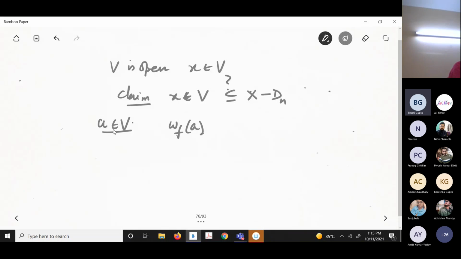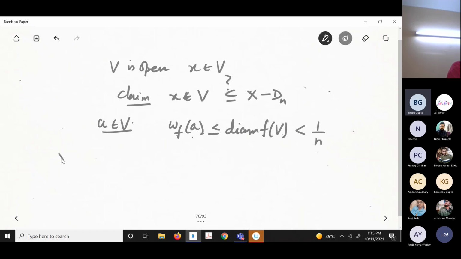V is also a neighborhood of a. So by the definition of omega F(a), the oscillation of F at a will be less than or equal to the diameter of F(V). V is not only a neighborhood of x, V is a neighborhood of a also. But the diameter of F(V) I got is less than 1/n. So I get this.